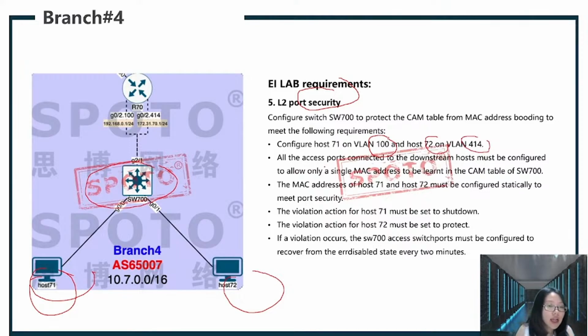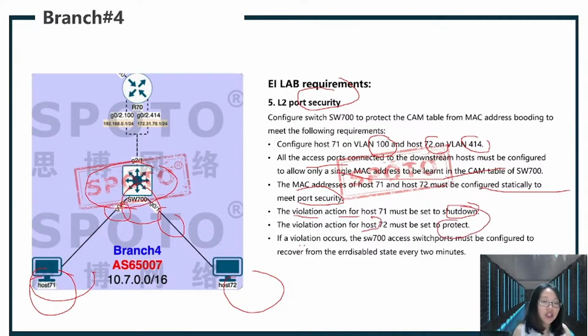Okay, so the access port connected to the downstream host must be configured to allow only a single MAC address to be learned in the MAC table of switch 700. So the MAC addresses of host 71 and 72 must be configured statically to meet port security, and the violation action for 71 is shutdown, and for 72 is protect.